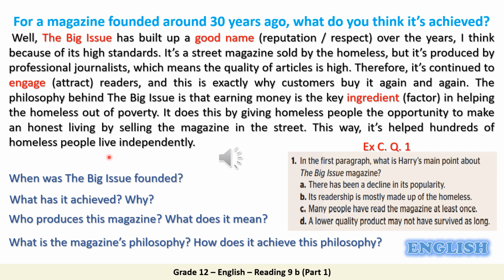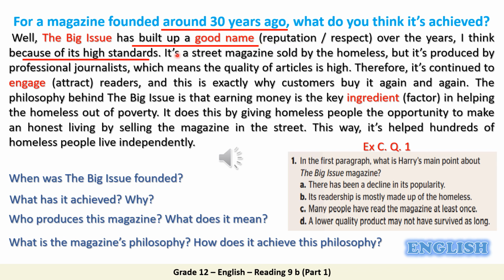Let's take the first question. When was The Big Issue founded? Are you ready? It was founded 30 years ago, right? What has it achieved and why? Indeed, it has built up a good name, a good reputation and respect.